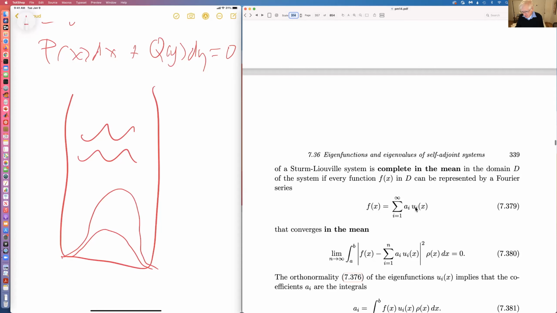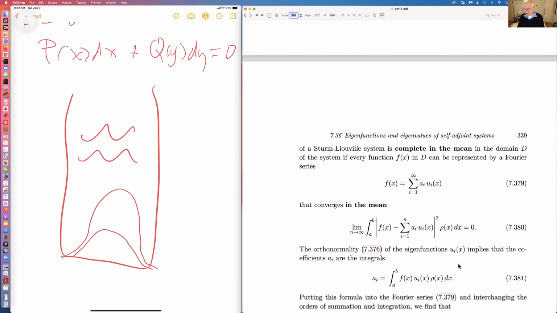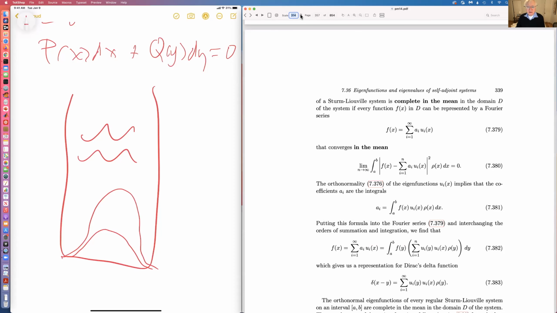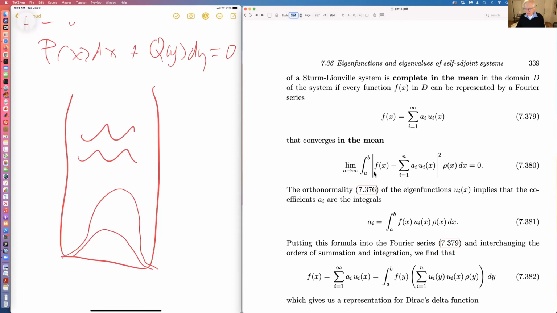So this is a series of the eigenfunctions, and it approximates in the sense that it converges in the mean. That is to say that the integral of the absolute value squared of the error, being the difference between the function and the partial sum of the first n eigenfunctions with appropriate coefficients, multiplied by the weight function, integrated over the interval, has limit 0 as n goes to infinity.